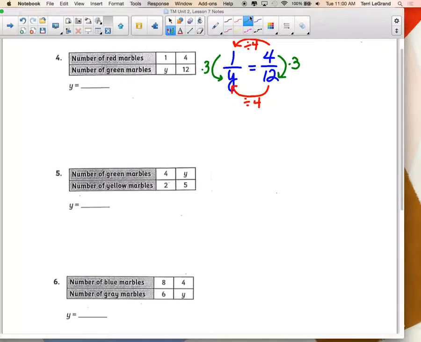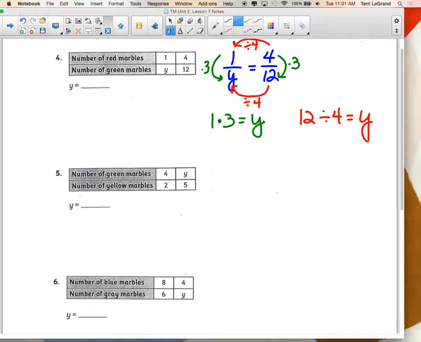If I do the vertical one, I'm going to do 1 times 3 equals y. If I do the horizontal one, I'm going to do 12 divided by 4 equals y. So again, I'm only using the numbers that we knew to begin with.